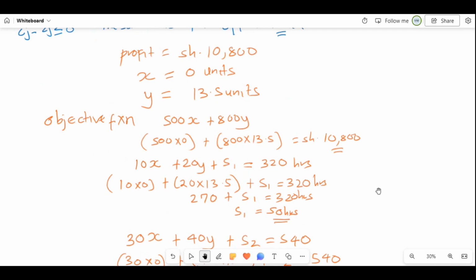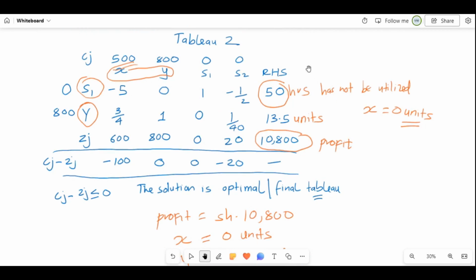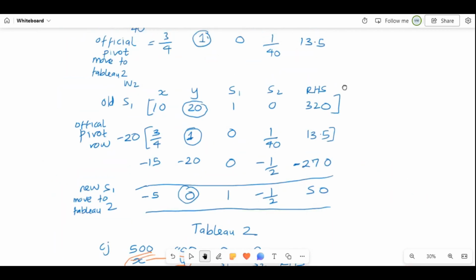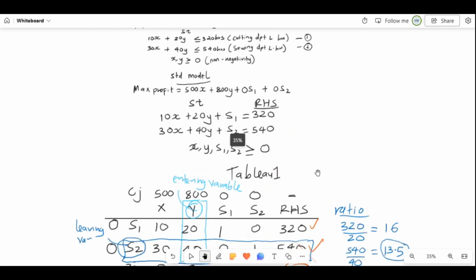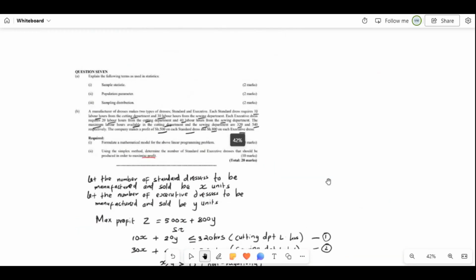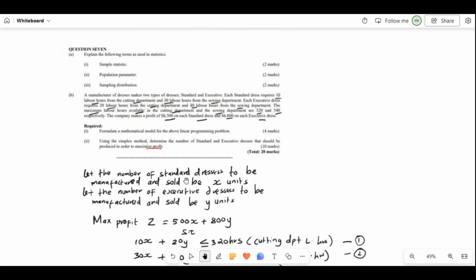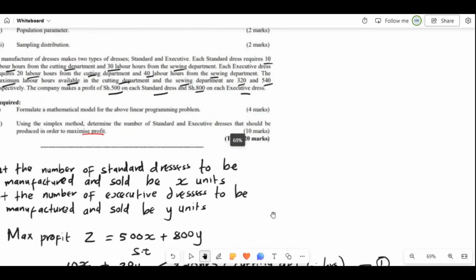So we can conclude that the maximum profit the company can make is 10,800 by producing 0 units of X. Remember, X was representing what? We said, let X be the number of standard dresses to be produced and sold.